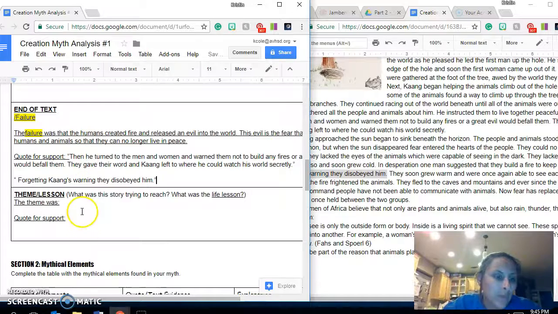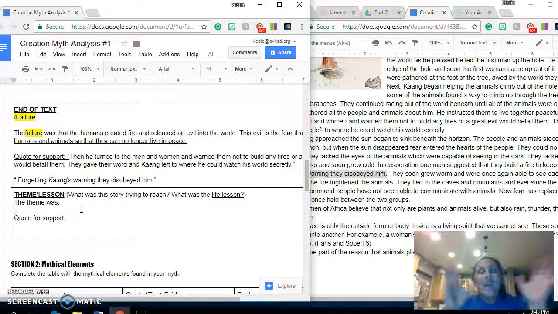My fault. Okay, so the theme, the lesson, this is really where your opinion comes, and it's kind of tricky because there's more than one right answer, but there are also wrong answers. So you really want to think about what the story is telling you and what exactly is going on when you decide what the theme is and what the lesson is.